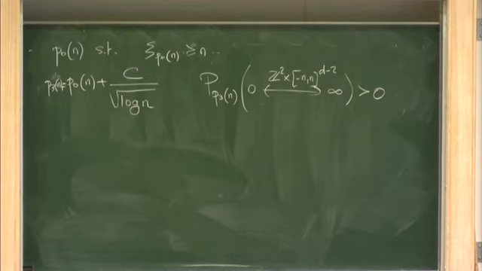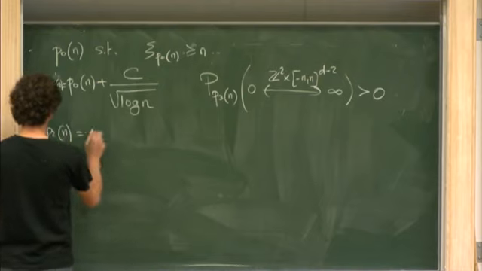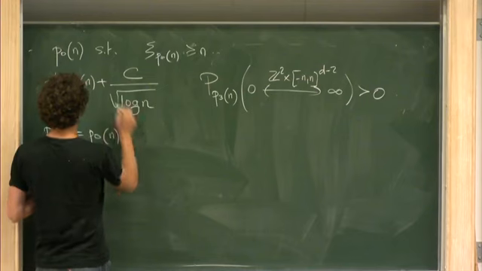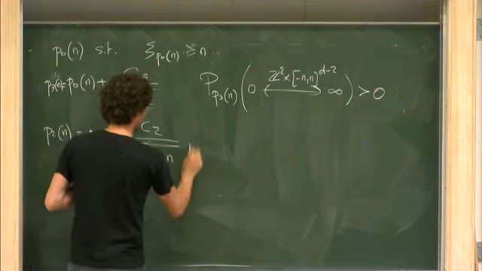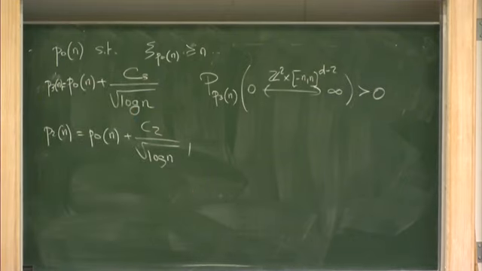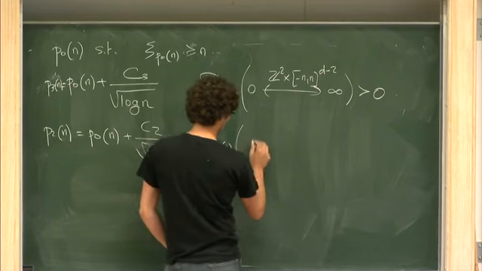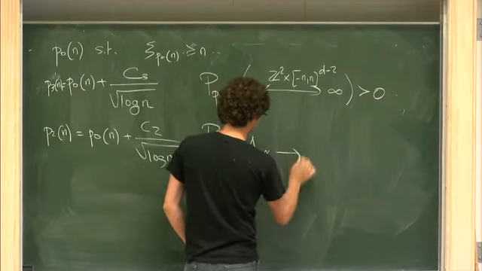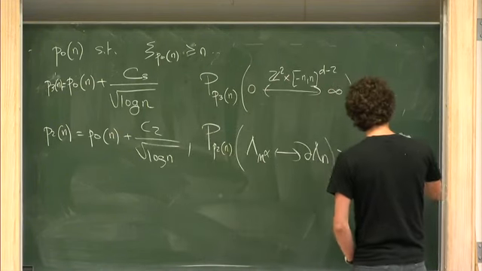So now, because of this result, I see that what I need to prove is in fact find, say, a P2 of n of the form P0 of n plus C2 over square root log n, for which I have this property but with probability 1 minus exponential of minus square root log n.